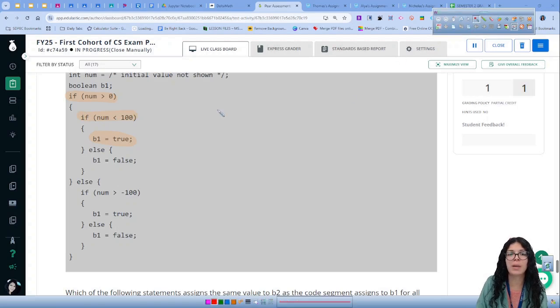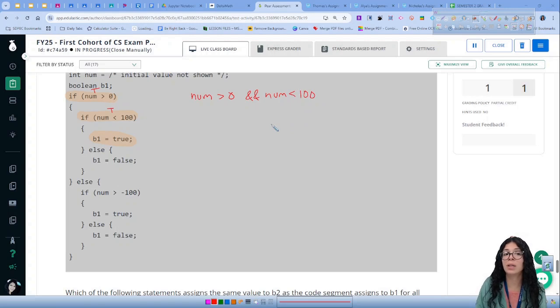So in order for B1 to be set to true here, this first condition has to be true and the second if condition also has to be true. So both num has to be greater than 0 and also num has to be less than 100.